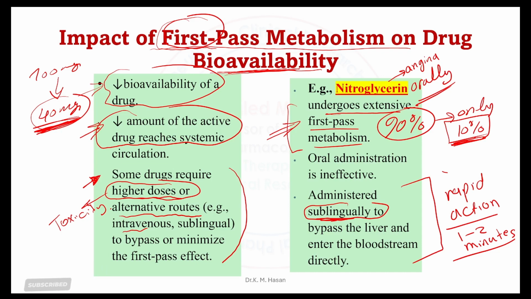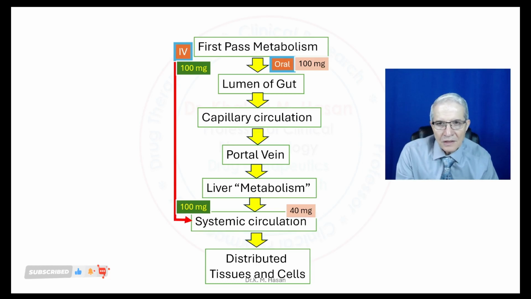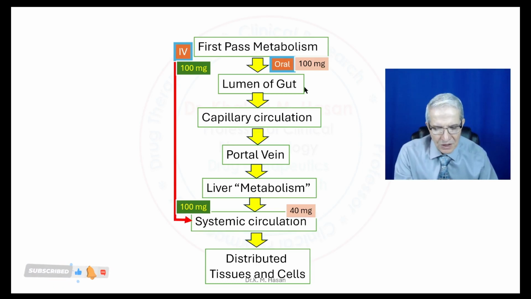Number two, another important concept: if you prescribe nitroglycerin orally, it will undergo extensive first pass metabolism and decrease the activity of this medication. In this slide, we compare oral administration and IV administration.